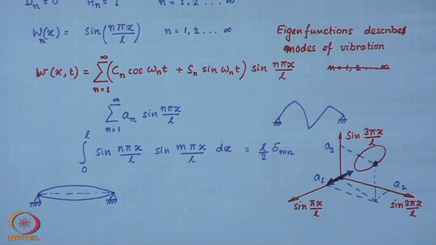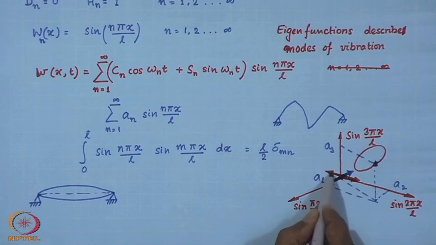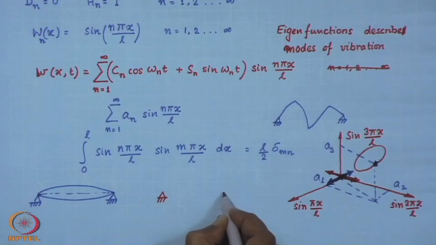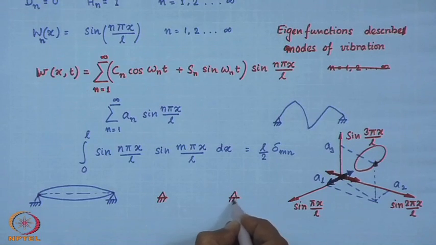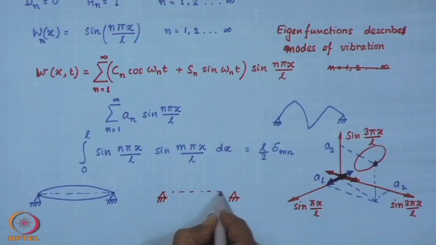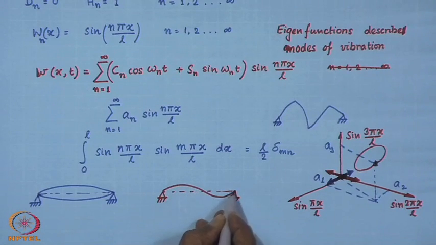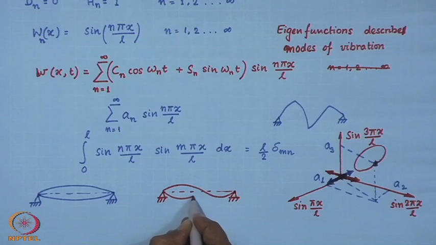Similarly, if you consider motion only along the second axis, sin 2 pi x over L, then the motion of the string looks like this.